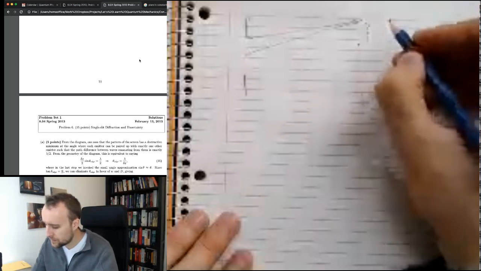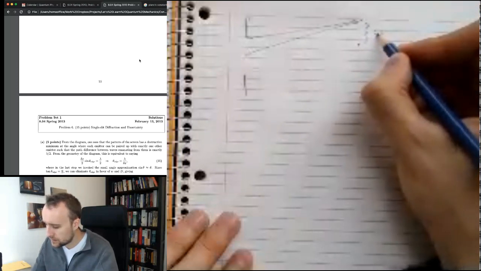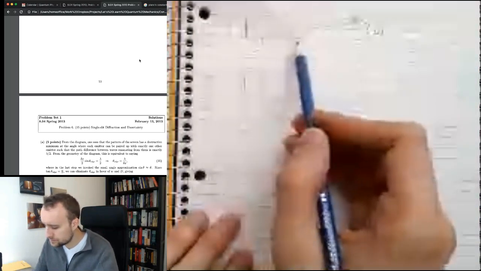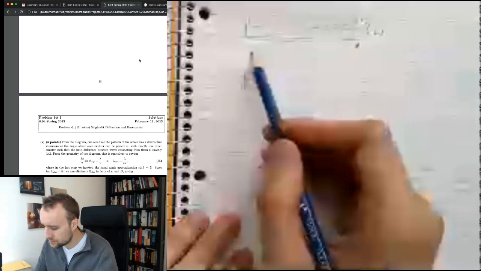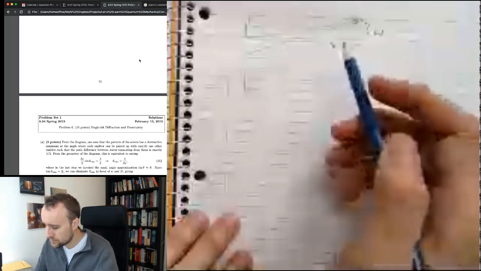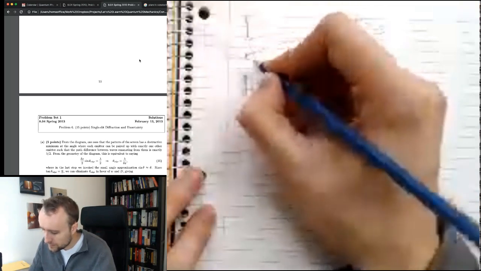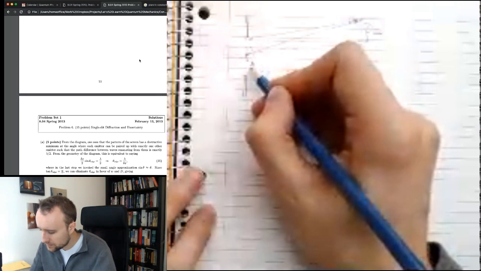So this is our first point, and then our second point is going to be here. So this is our diffraction spacing. And the idea being that this is equal to lambda divided by 2 for destructive.